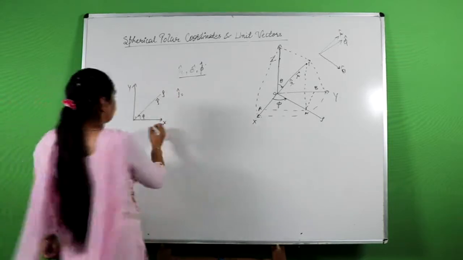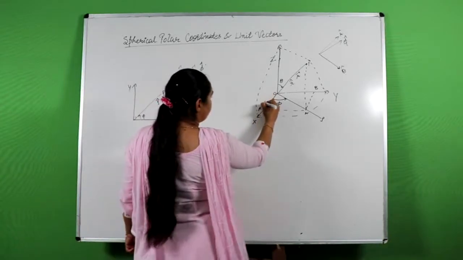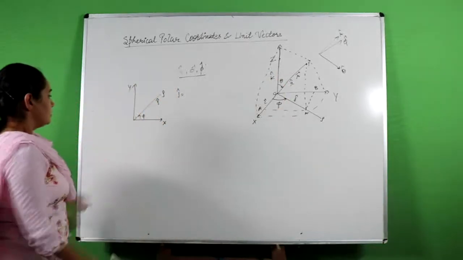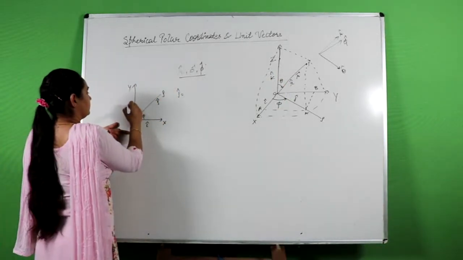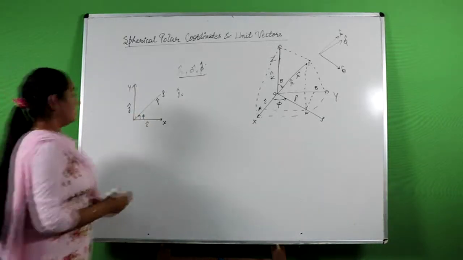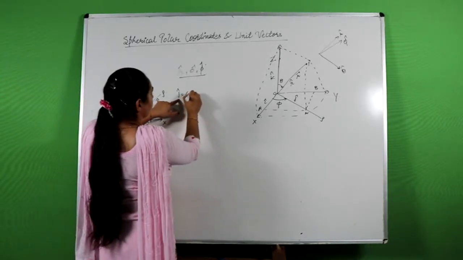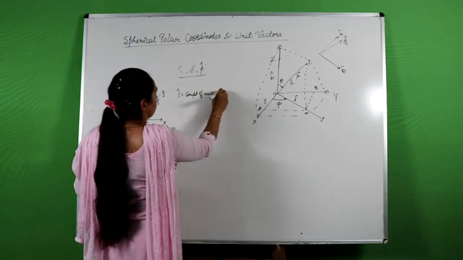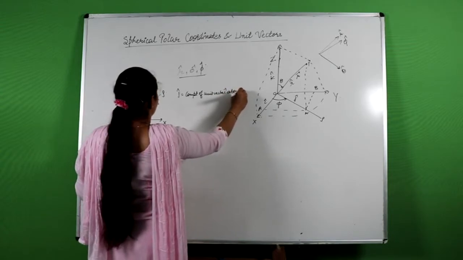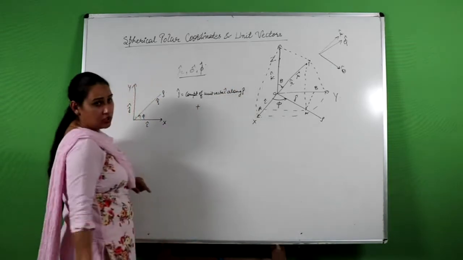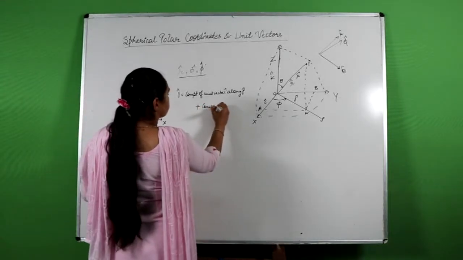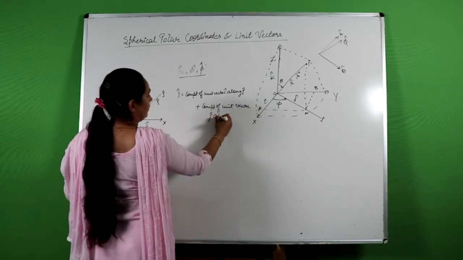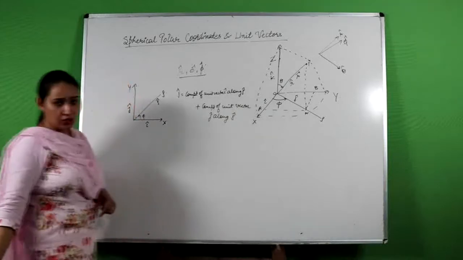Here the unit vector corresponding to x is i cap, to y is j cap, and to z is k cap. Now rho cap will be equal to the component of unit vector i cap along rho cap plus the component of unit vector j cap along rho cap.